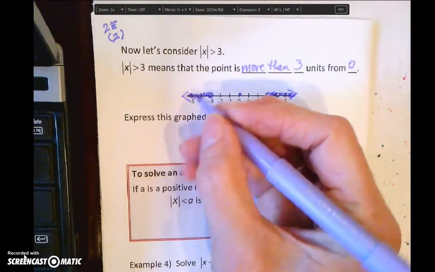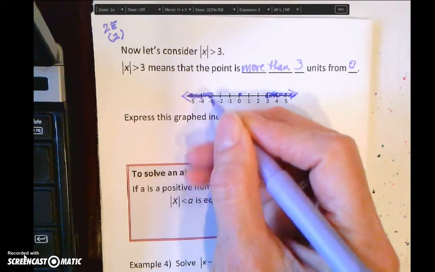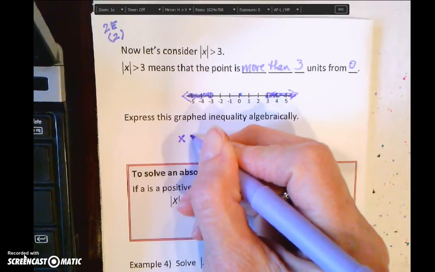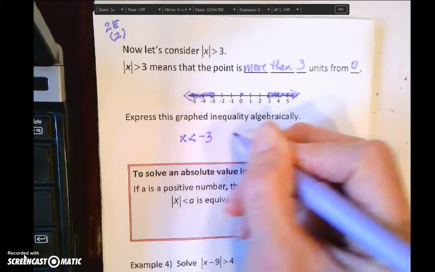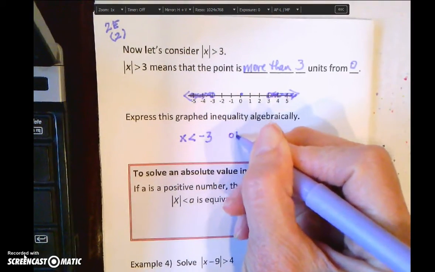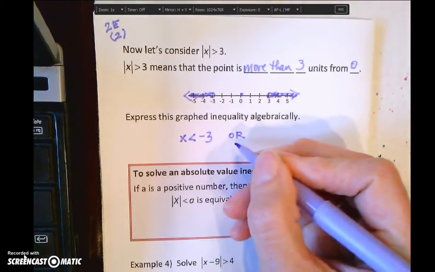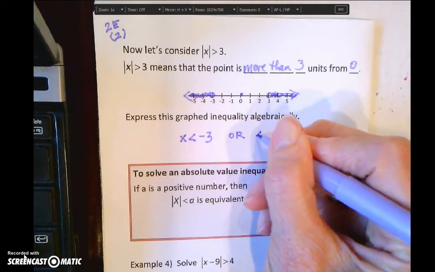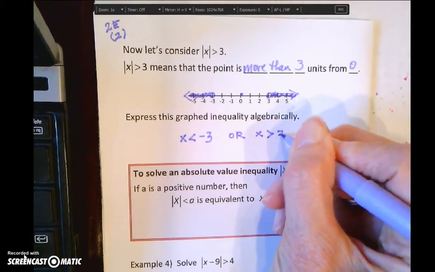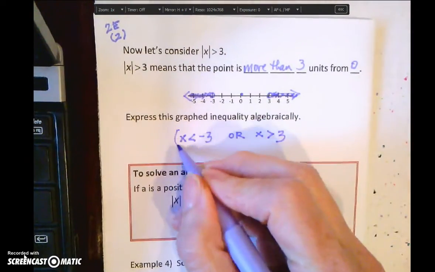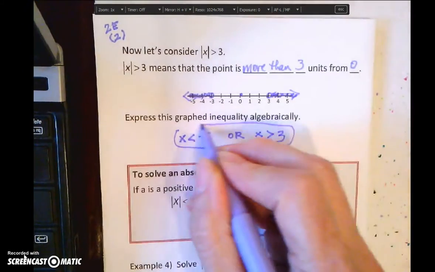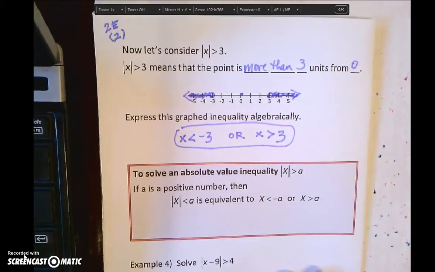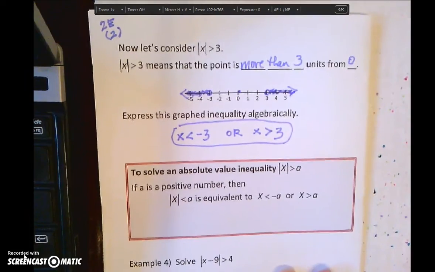So algebraically, if I was going to describe this section of the number line, I'd say that x is less than negative 3. And then or, so it means there's a break in the graph, plus these answers as well, x could also be greater than a positive 3. So my solution would be these expressions with the word or in the middle.